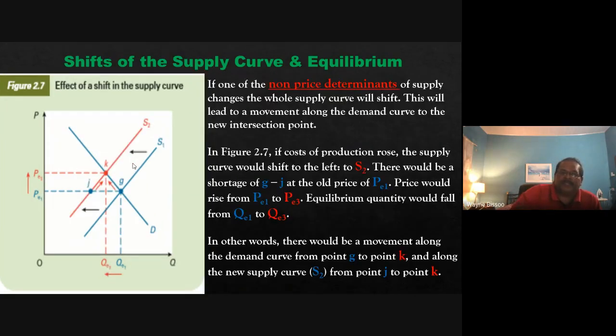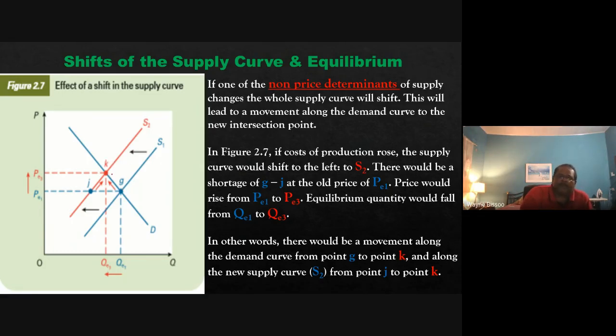So you can see the opposite too. In this case, it looked at a shift in the supply curve. The supply curve shifted, and they said that this one is caused by the cost of production increasing. So the cost of some factors of production did rise, causing supply to move from S1 to S2 to the left, going backwards in this sense.